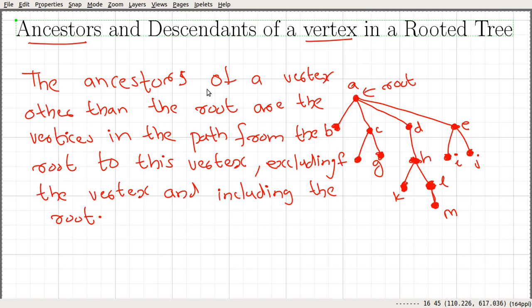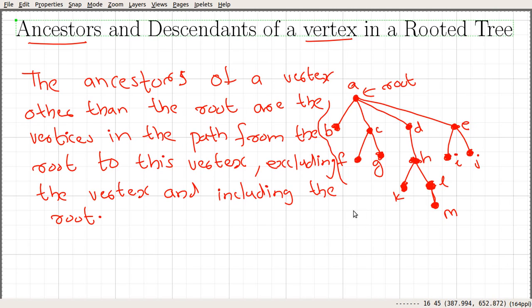What we do is start from the root and consider the path from the root to that particular vertex, and we collect all the vertices in that path, excluding the vertex under consideration.